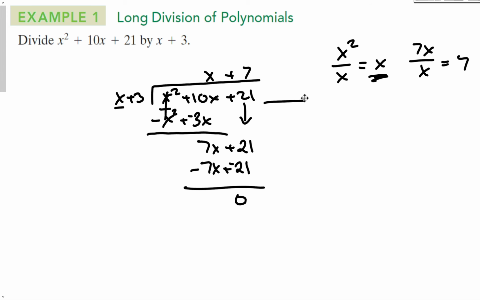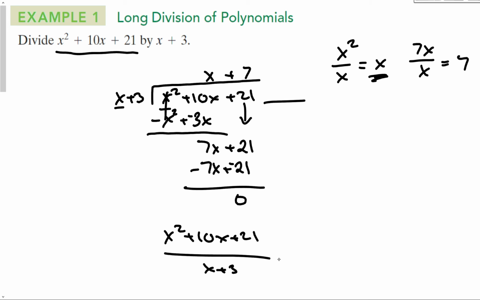The remainder is 0, so we can conclude that the two factors of this trinomial, x squared plus 10x plus 21, are x plus 3 times x plus 7. And we could think of this as x squared plus 10x plus 21 over x plus 3 is going to equal x plus 7.